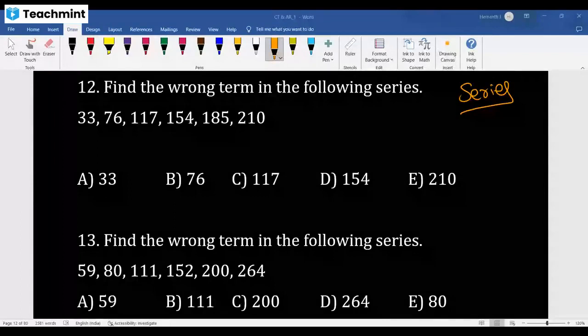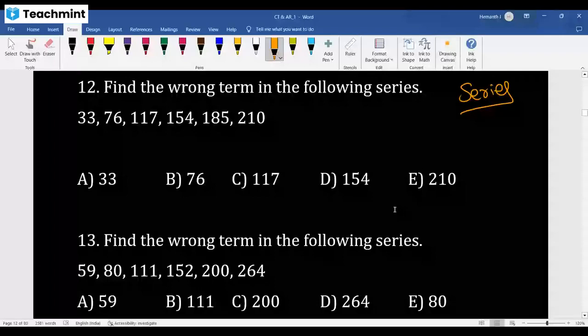Hope screen is visible. Check it out once.